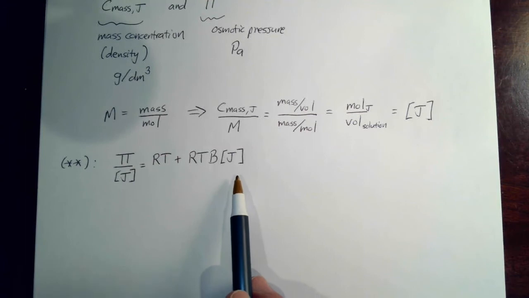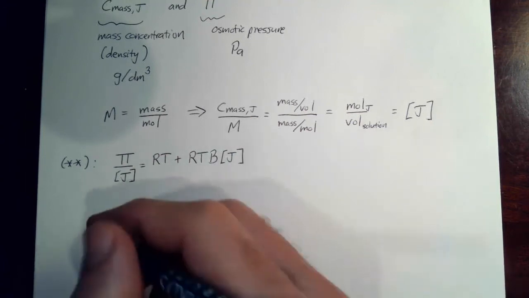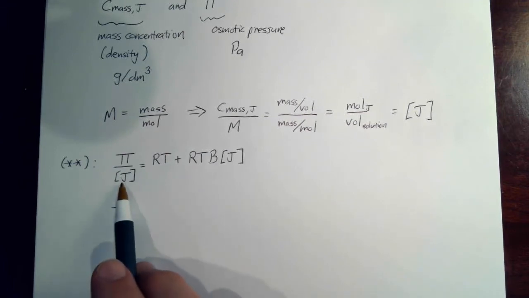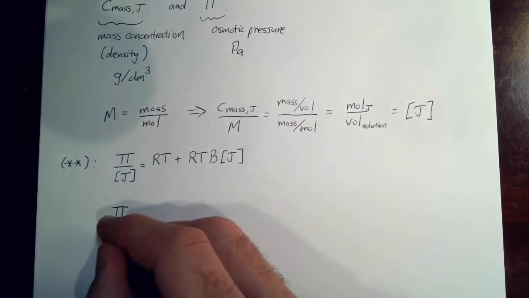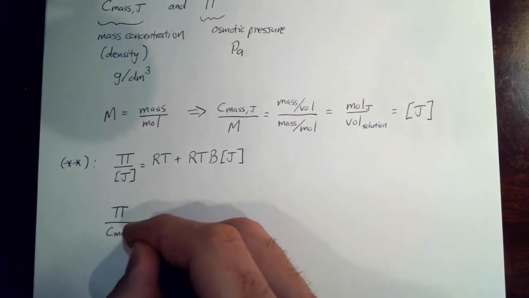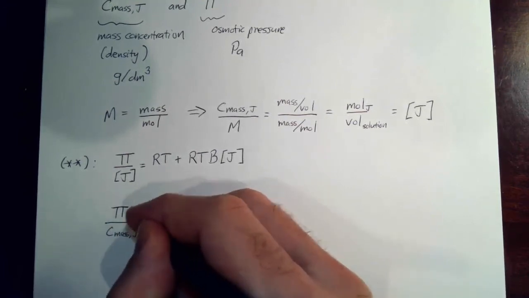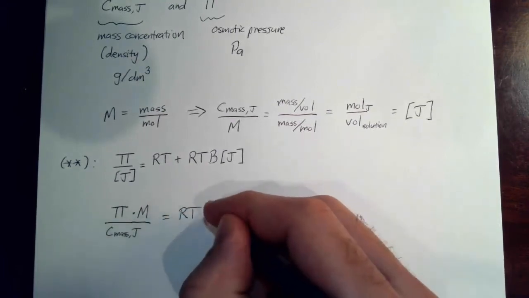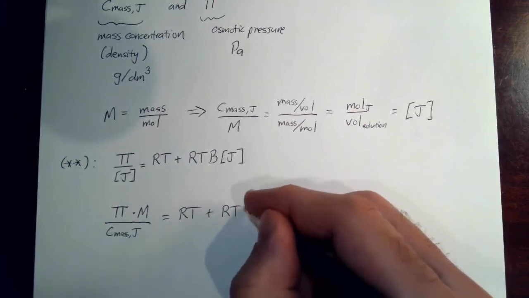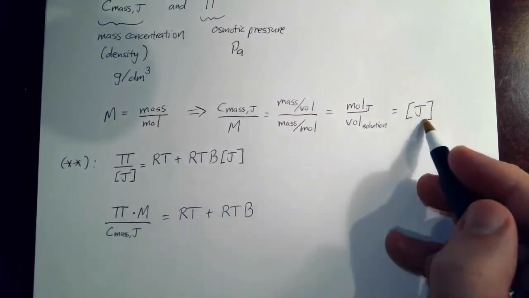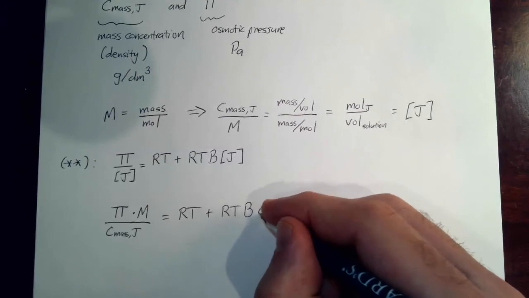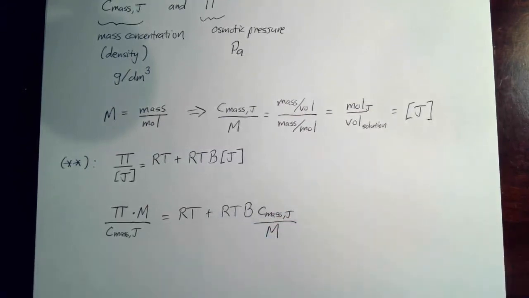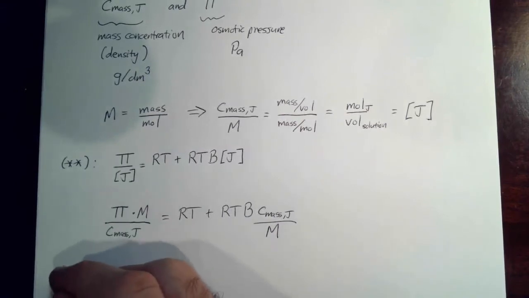On the left, I have pi over the concentration of J, so that's going to be pi over the mass concentration of J times the molar mass, equal to RT plus RTB times the concentration of J, which is the mass concentration of J over the molar mass. Now I'm going to divide by M.